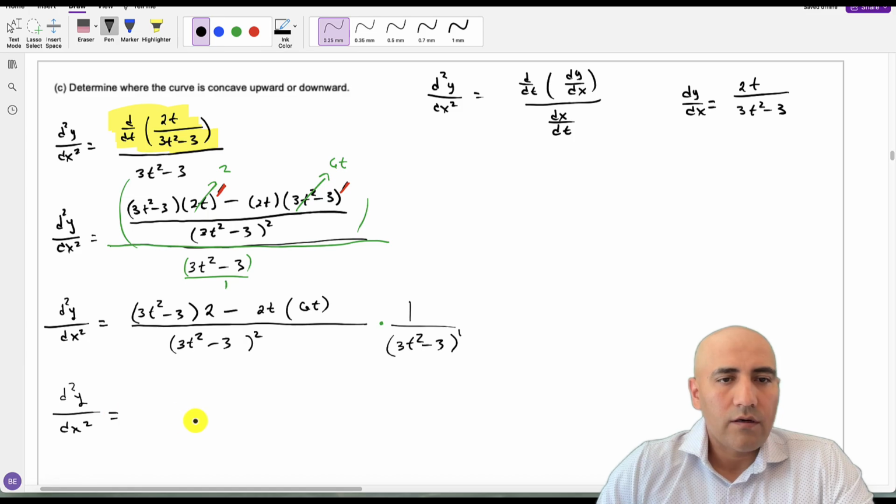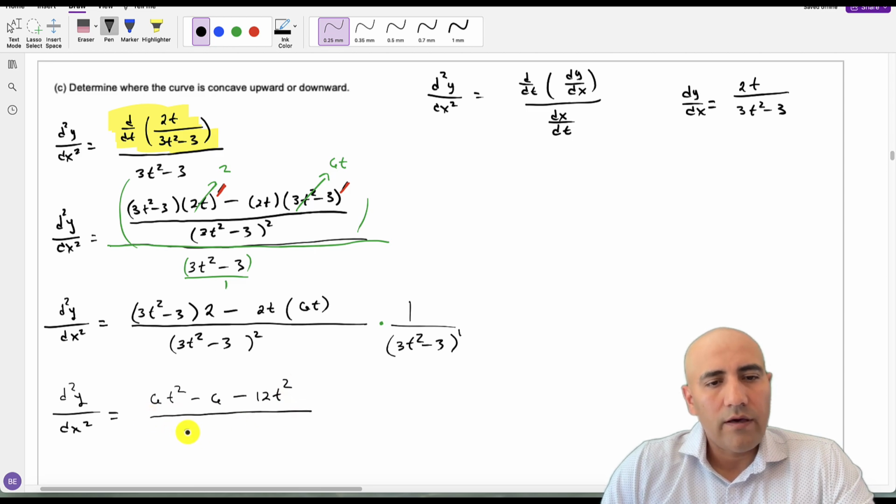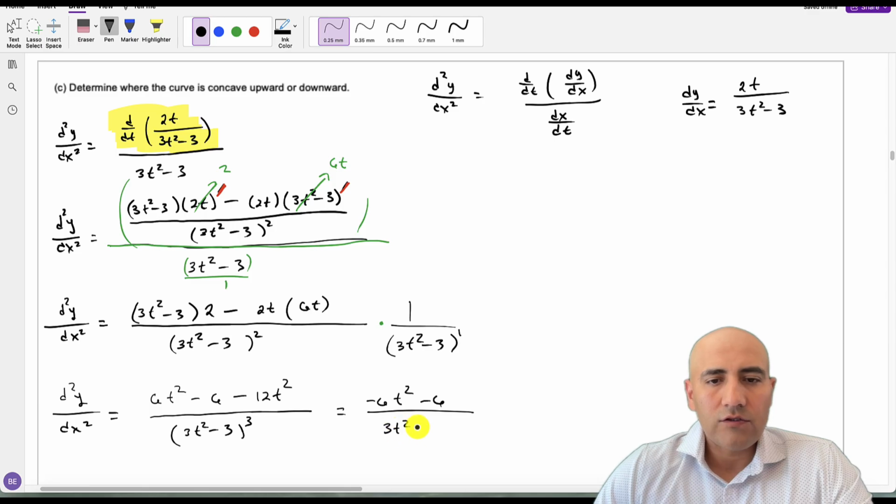The numerator becomes 6t squared minus 6 minus 12t squared, divided by (3t squared minus 3) to the power 3. So then this gives me minus 6t squared minus 6 divided by (3t squared minus 3) cubed.